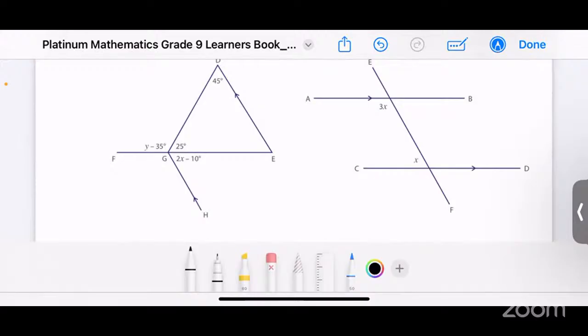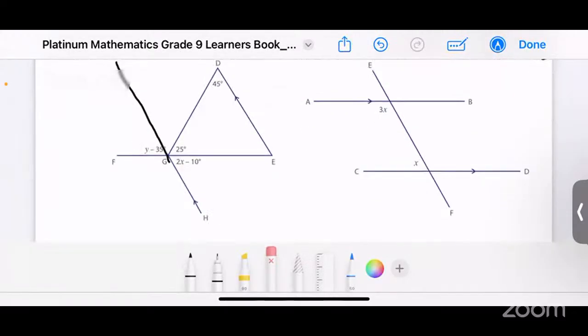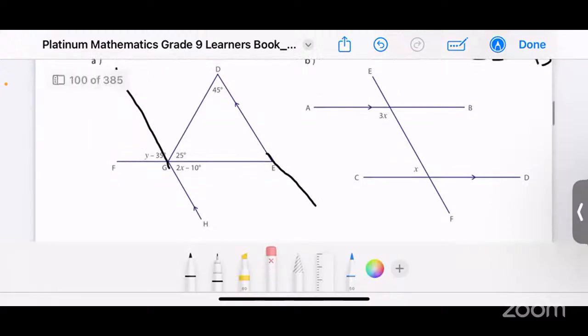You have to extend. So I'm starting to extend this one. I extended it. Here I also want to extend it. Even here.